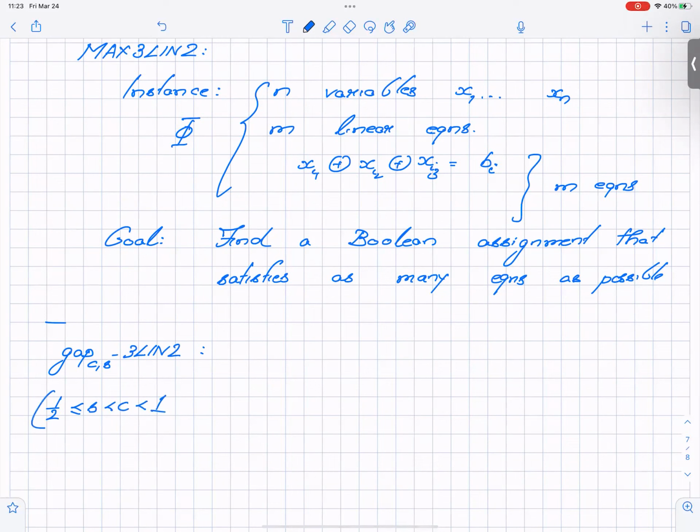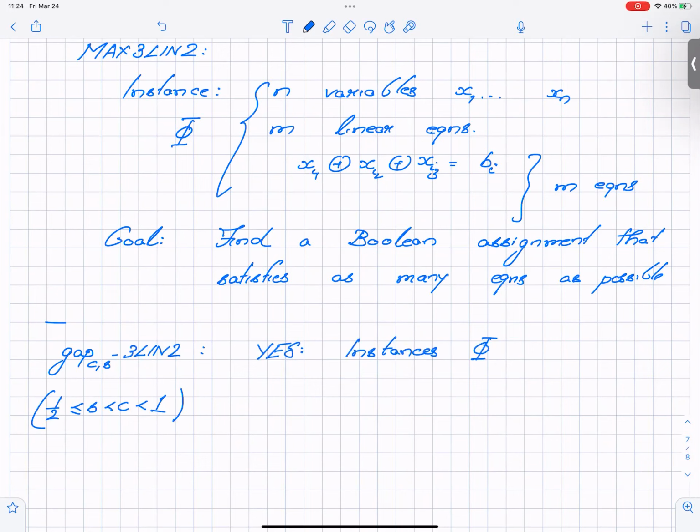And you'll see why I'm giving these numbers. Usually 0 is less than or equal to s, less than c, less than or equal to 1. But I made s to be at least a half and c to be strictly away from 1. And you'll see the reason why I'm doing it. Half of the equations can always be satisfied. And if c is 1, that's also easy to check.